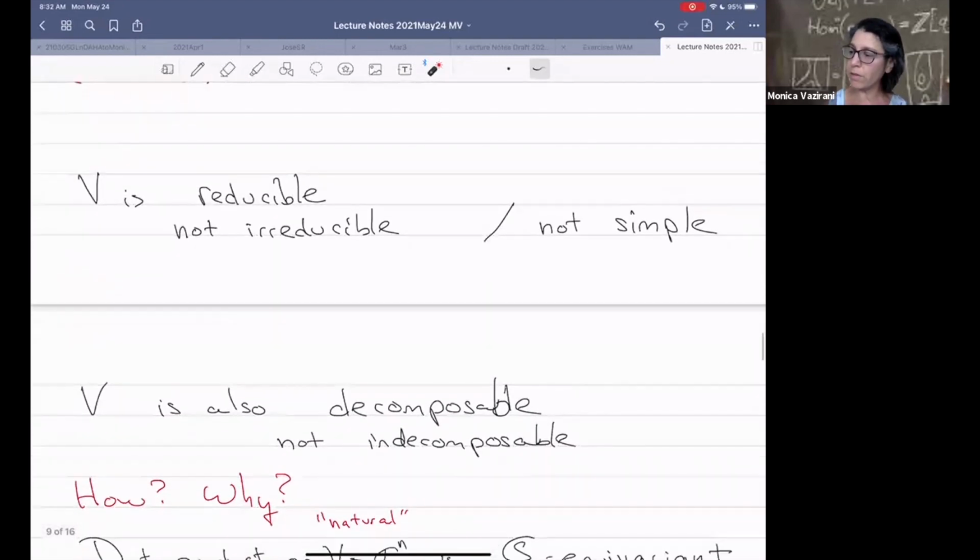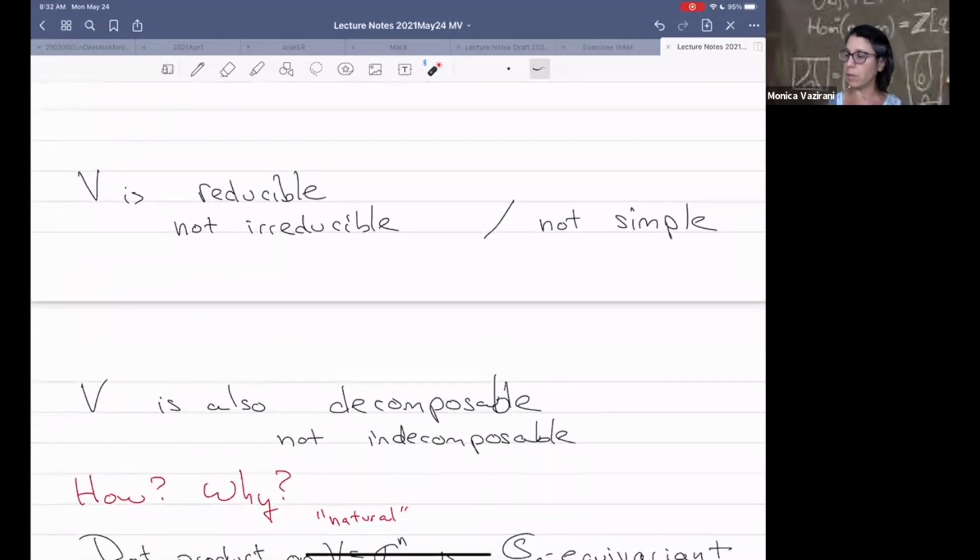But more than not being simple or not being reducible, it's also not indecomposable. So therefore it is decomposable, right? Either decomposable or indecomposable. It's actually decomposable. And what's the difference between reducible versus decomposable? One implies the other, right?